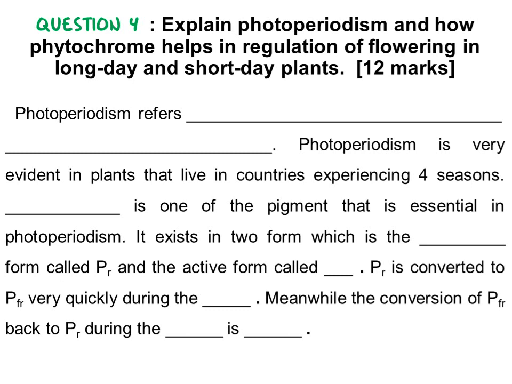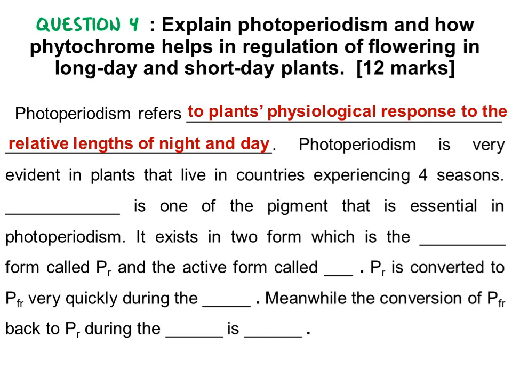Photoperiodism refers to plants' physiological response to the relative length of night and day. So photoperiodism is very evident in plants that live in countries experiencing 4 seasons.